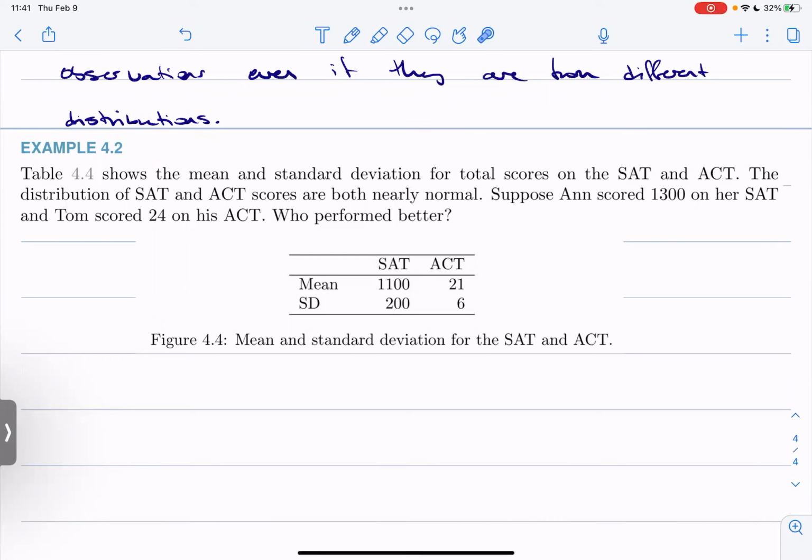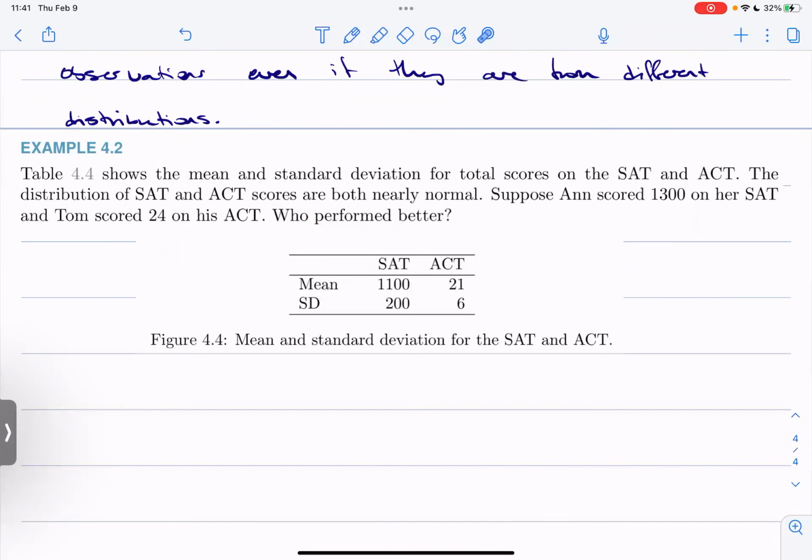So right now we're expecting these lower scores, especially in comparison, right? And so this example says that we're given this SAT and ACT information. The distribution of SAT and ACT scores are both nearly normal.